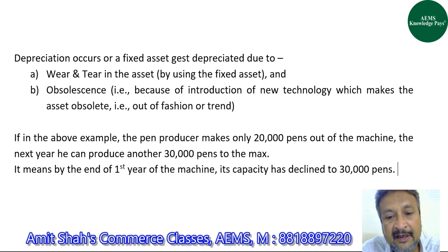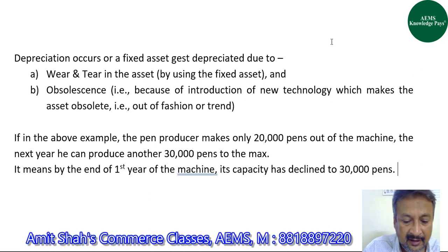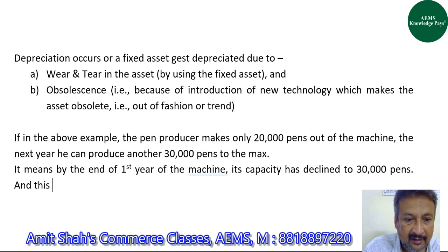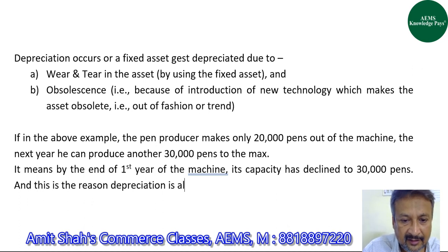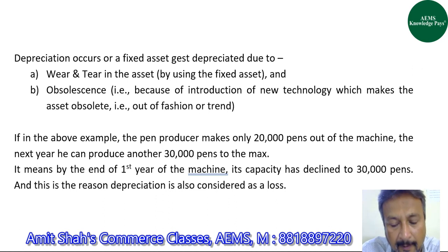Because in the first year he has produced 20,000 pens, by the end of first year the capacity of the machine has declined by 20,000 pens. So it has now declined to 30,000 pens. It means now it can produce only 30,000 pens. And this is the reason depreciation is also considered as a loss.